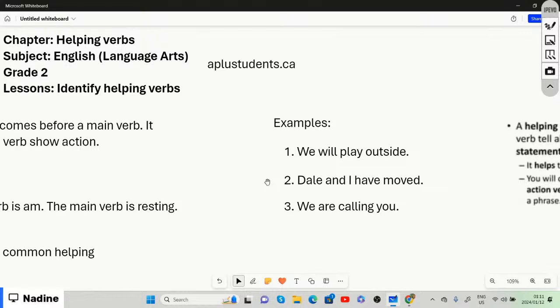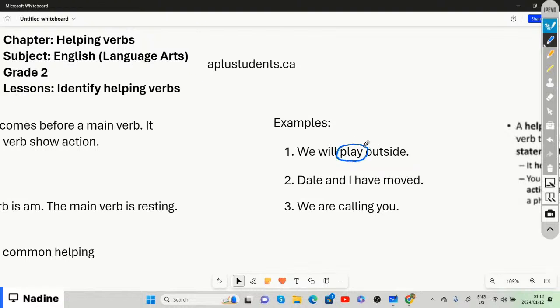And if we identify, first let's identify the main verb. So play will be our main verb, right? So I'm going to write here main verb. And if we identify the helping verb that helps the main verb to show the action, I'm going to underline the helping verb. So this is the helping verb.